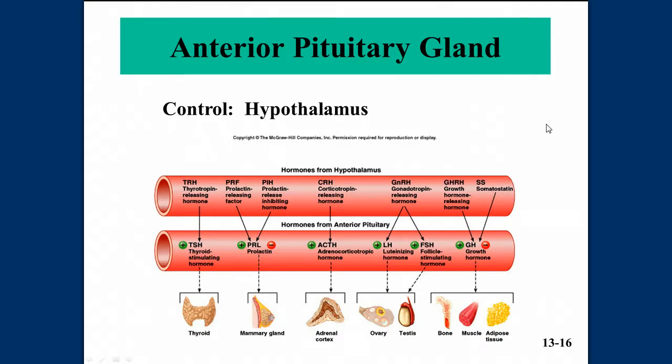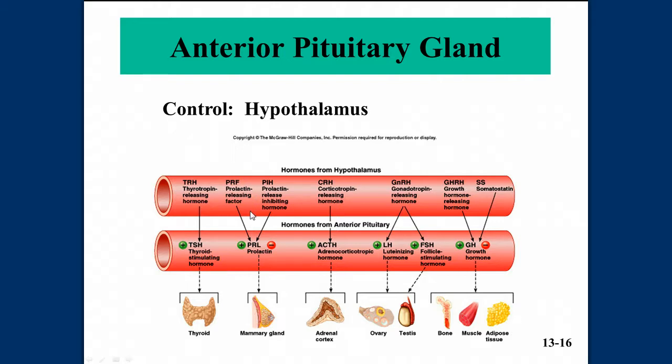So let's talk first about the anterior pituitary gland. The anterior pituitary gland is controlled by the hypothalamus. The hypothalamus releases either releasing hormones or release inhibiting hormones.